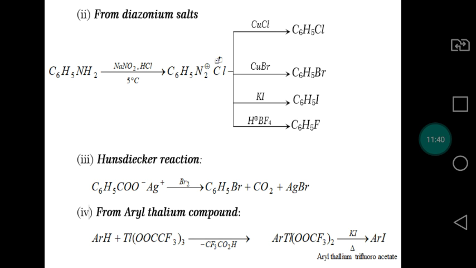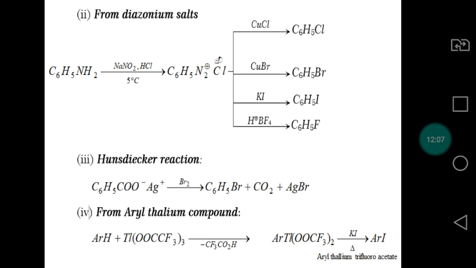Next, we have the diazonium salt. What is a diazonium salt? It is also known as benzene diazonium chloride. It is prepared by the diazotization reaction. It means that if we add sodium nitrite, NaNO2, and HCl to aniline at 0 to 5 degrees Celsius, then a stable intermediate is formed, known as benzene diazonium chloride.